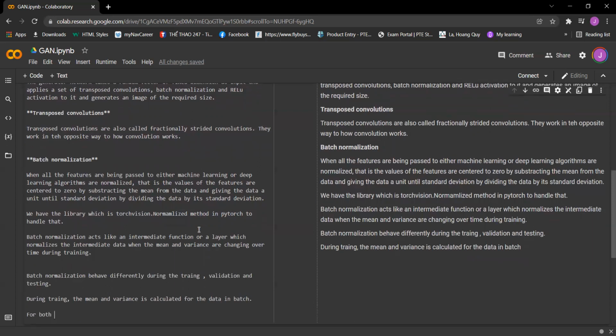For both validation and testing, the global values are used.